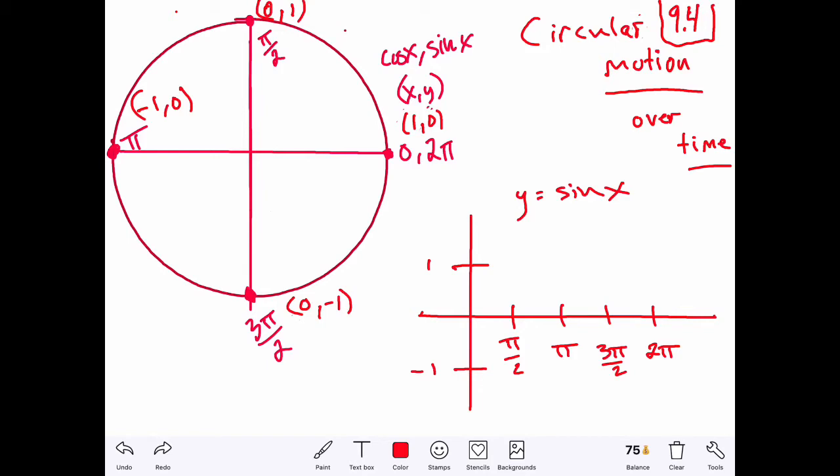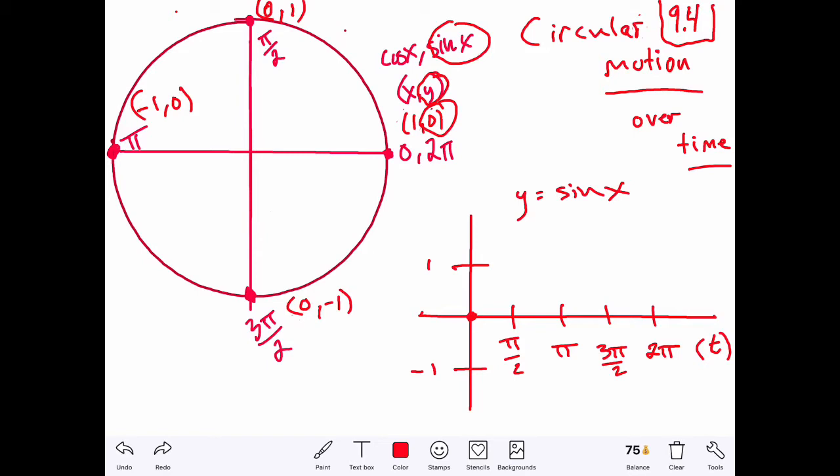What is the value of sine here when I start here at 0? Well, my y value is sine, and so I'll be at 0. So if I were to plot that point here on this graph, that would be 0. Okay, and this is my dimension of time.